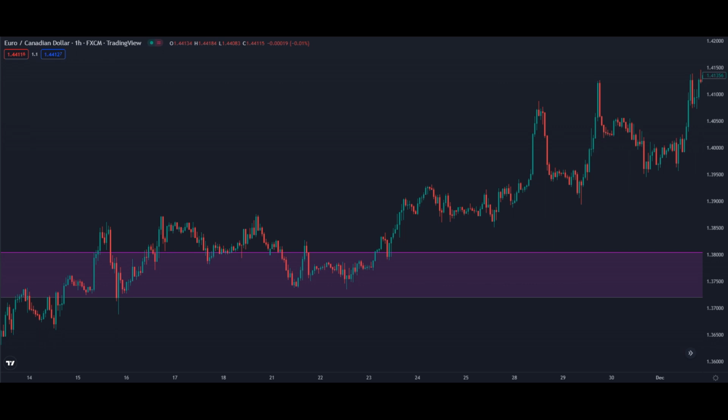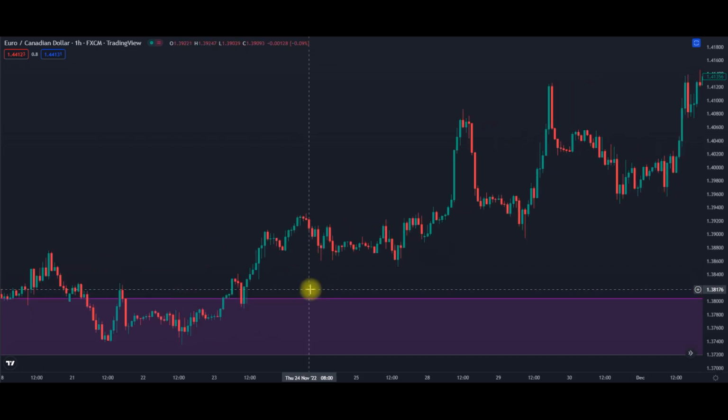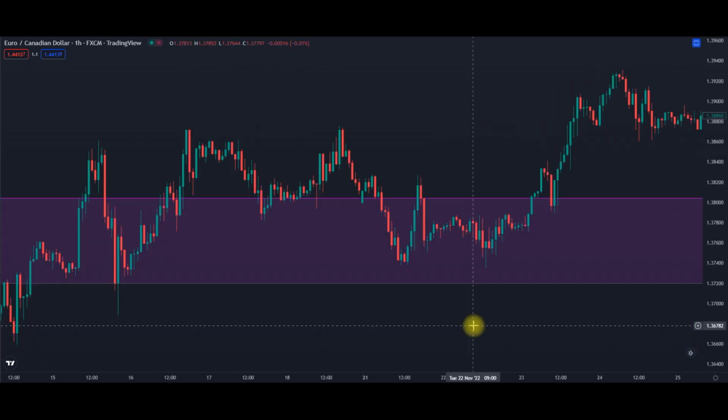And now our fourth step is to find a reason for entry. Therefore, we look in this area where the price is moving in the resistance level. And there are many different ways to find trade entries. Today, I picked for us as a trade entry the double bottom.